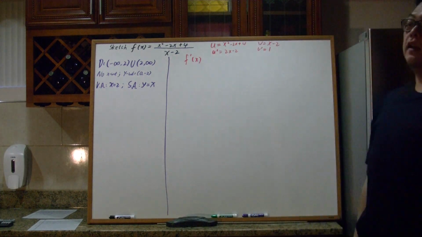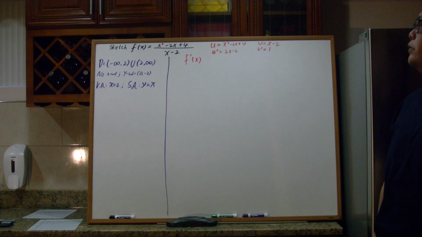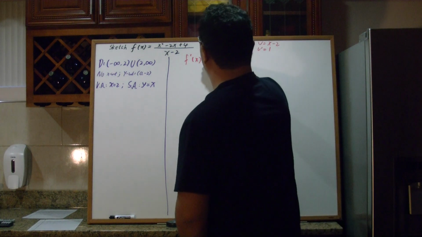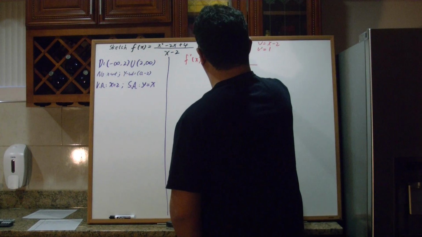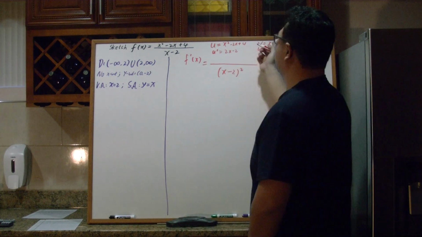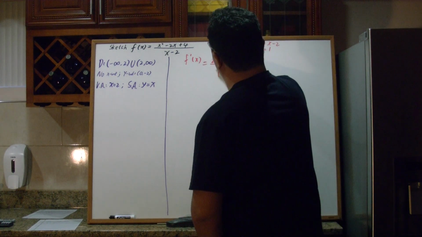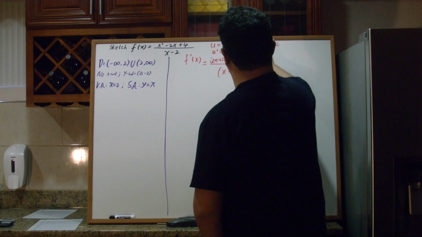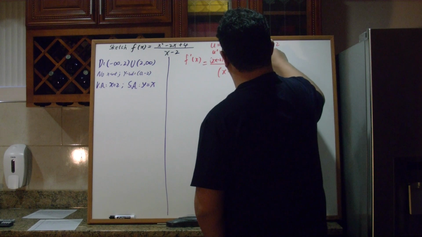That's typically the quotient rule. Last time we didn't show it, but you could show it if you want to make sure of what we are doing. The quotient rule is the denominator squared, u prime times v minus v prime times u.